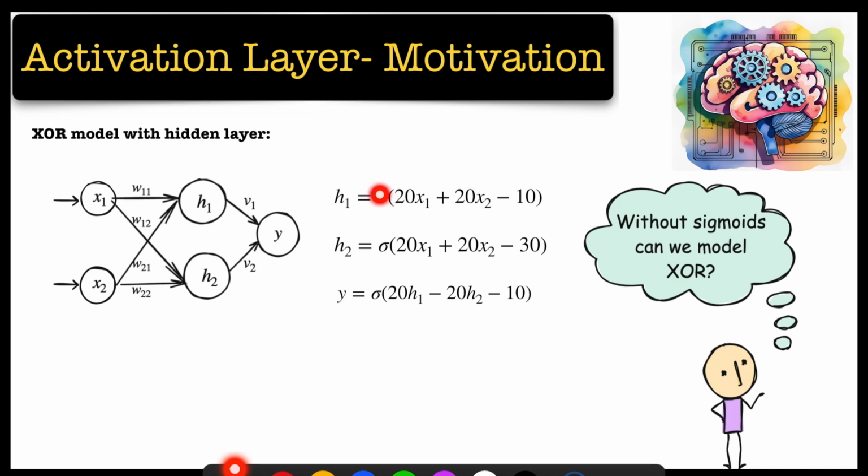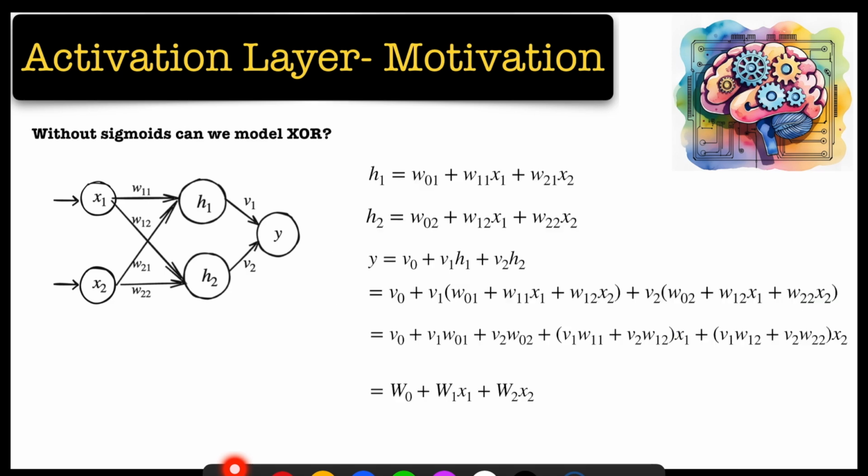Now, without these sigmoids, can we model the XOR function? Is it possible? Let's see why not. Let's say we don't have the sigmoids. These are the weights here. Let's represent H1 with those weights, and also let's introduce some bias here, B1 with weight W01, and here we are getting a bias B2 with W02.